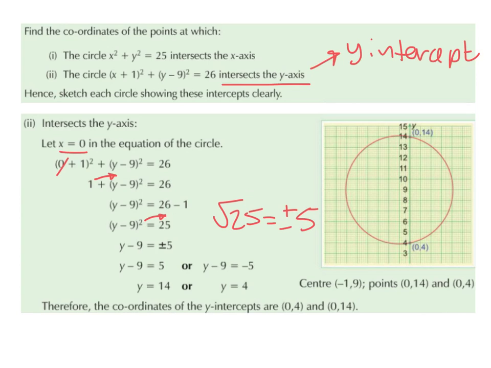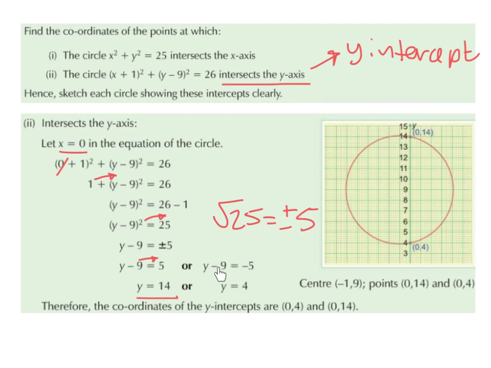We're going to break it down into two sums, one with a plus and one with a minus. So we've got y minus 9 equals positive 5, or y minus 9 equals minus 5. For y minus 9 equals 5, we bring the minus 9 over the equal sign. It becomes plus 9, and 5 plus 9 is 14. So y is equal to 14.